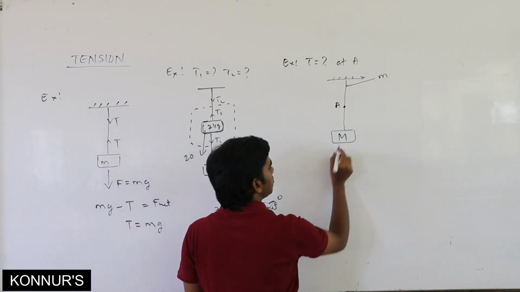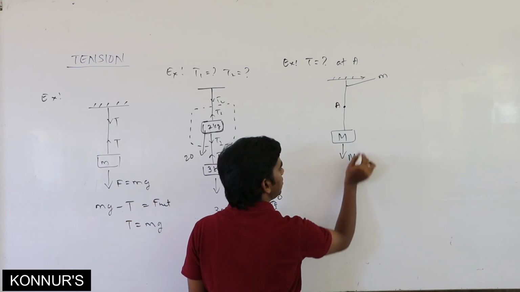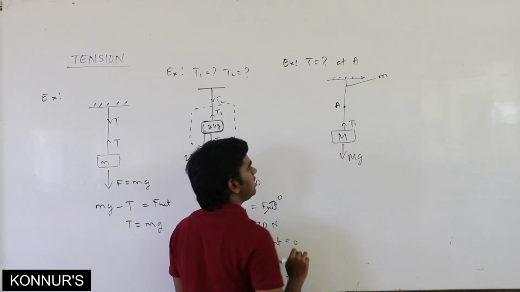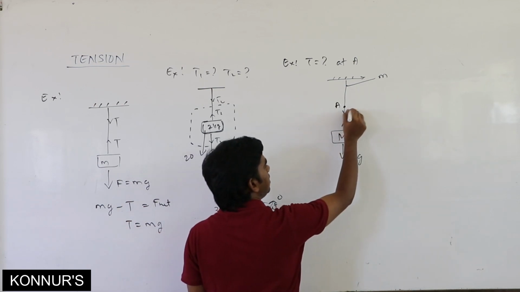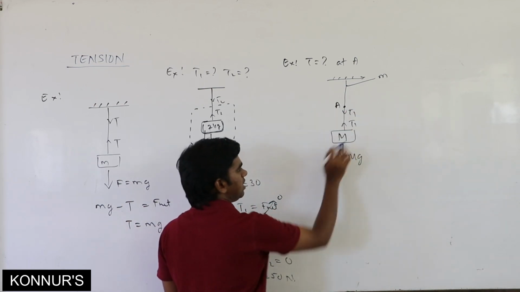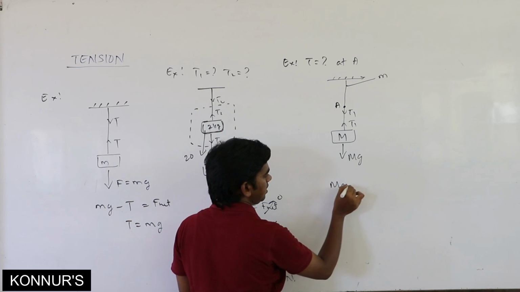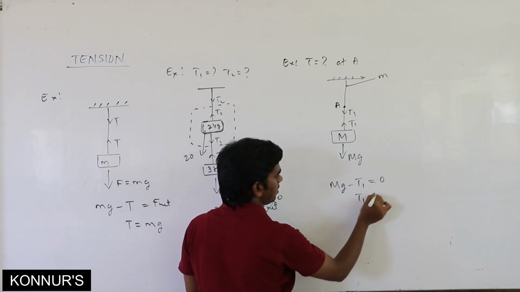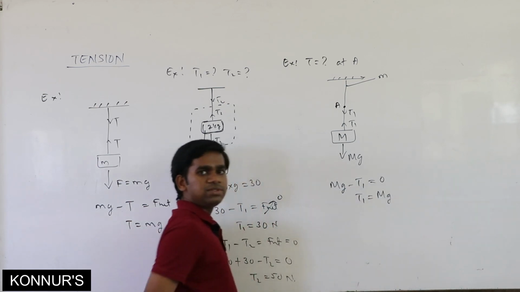Net force on this mass is mg. In this direction tension is T1. So mg minus T1 equals 0. So T1 is mg.